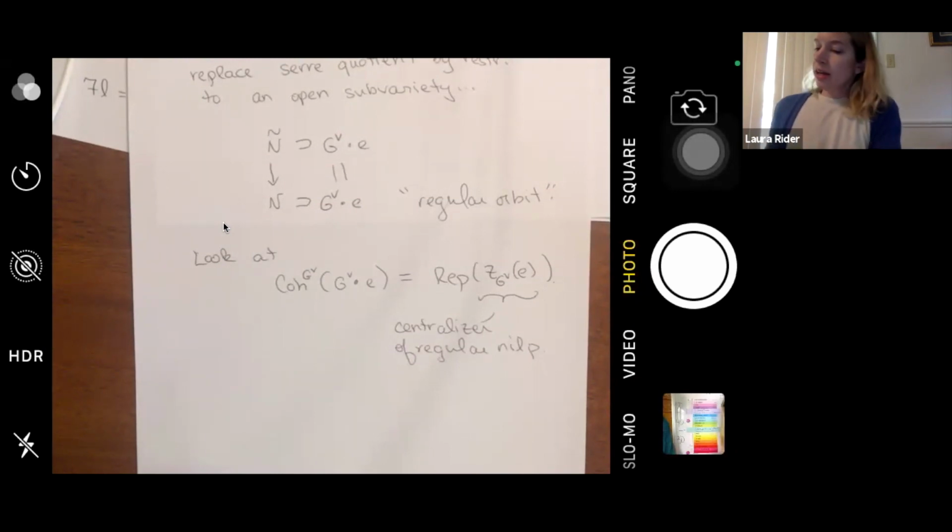All right. So this is a category of representations. This is where we want to look.